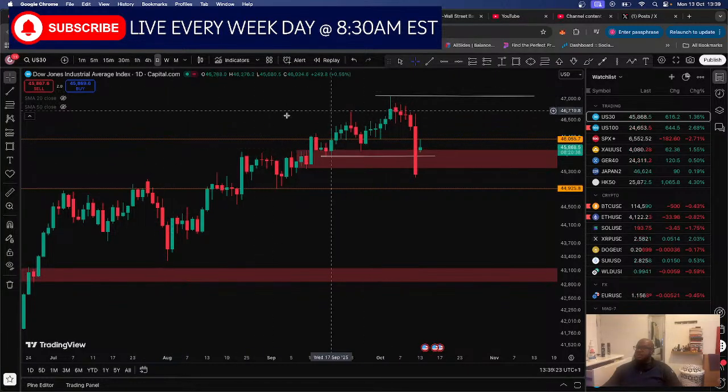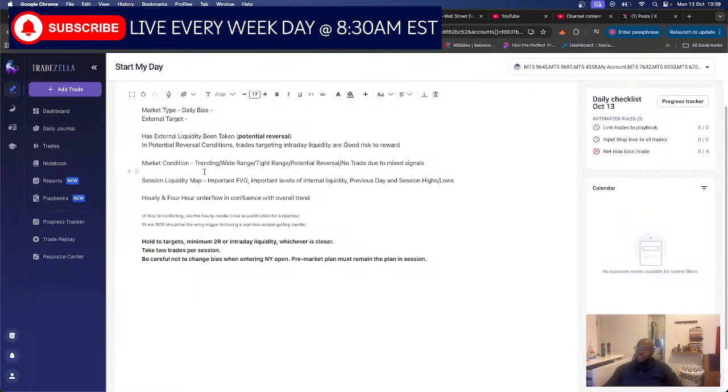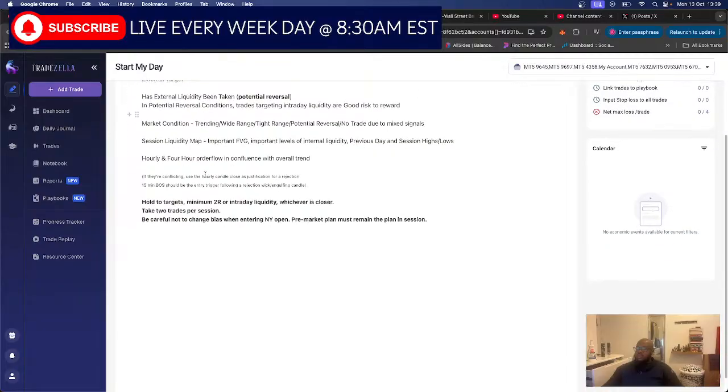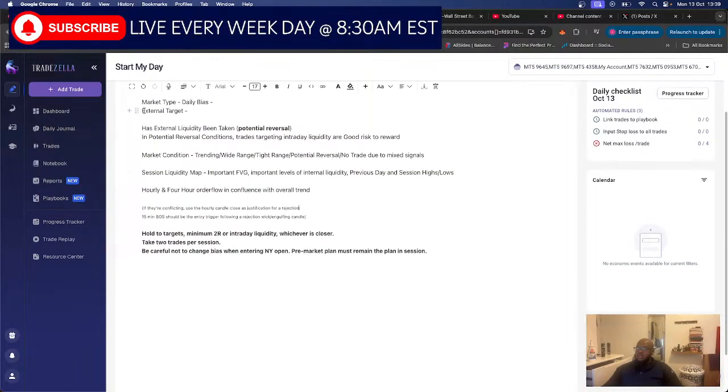We're looking to determine the bias of the market for the day, and then after we determine the bias, we look for an external target. We try to figure out if liquidity's been taken. If it has, we look for the potential for a reversal, and if there is one, we can start targeting intraday session highs or session lows.